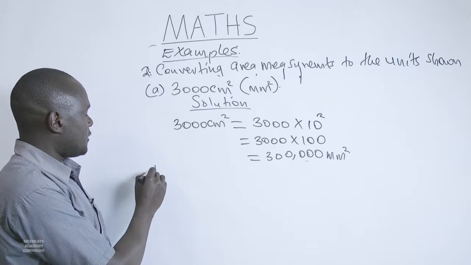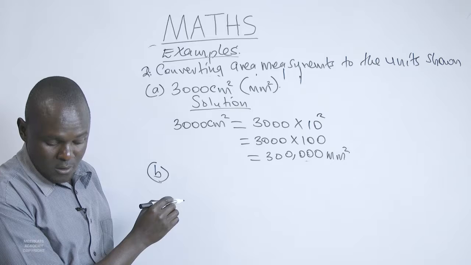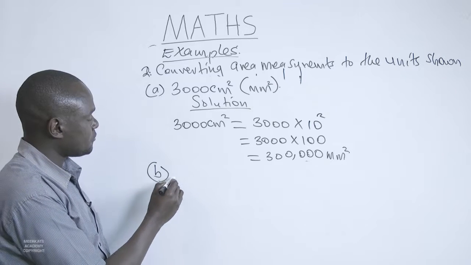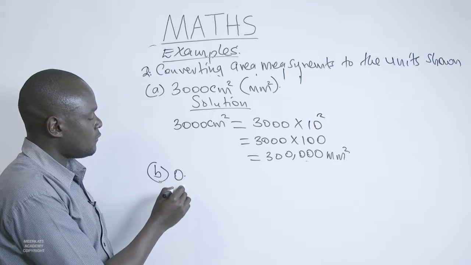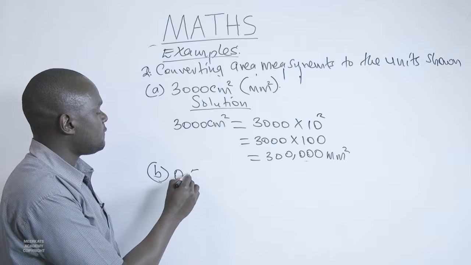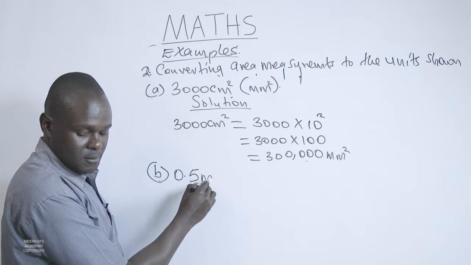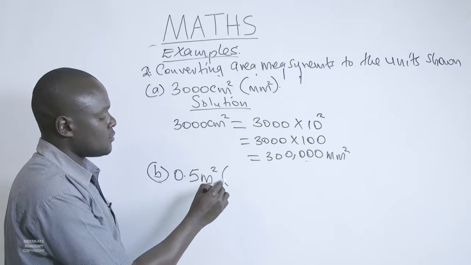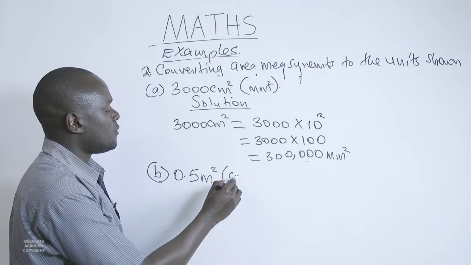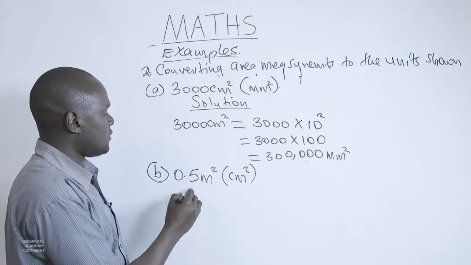We can also have another example. We can convert 0.5 square meters to square centimeters.